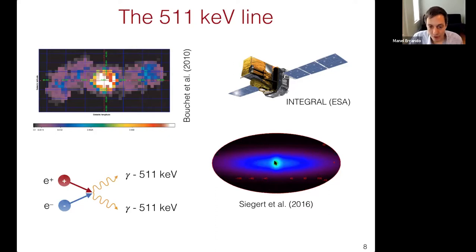So towards the center of our galaxy, there are positrons that are annihilating, producing these gamma rays of very particular energy. But we see that this emission is kind of fuzzy. It's hazy. It extends way beyond the center of our galaxy.